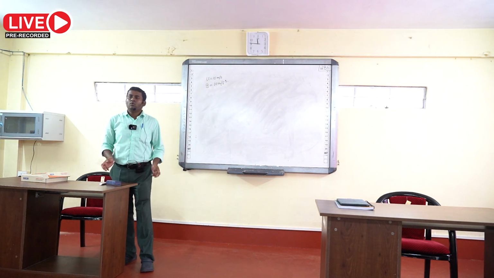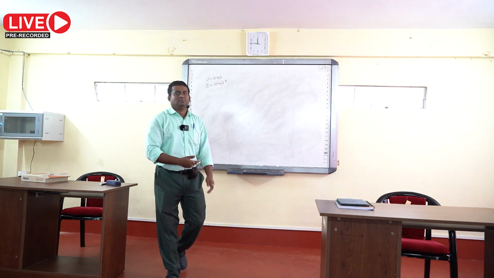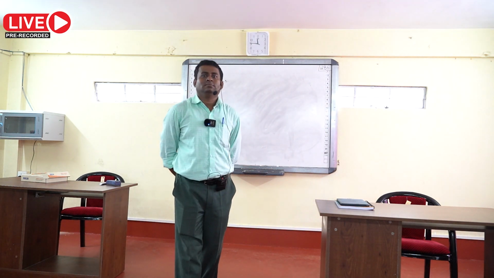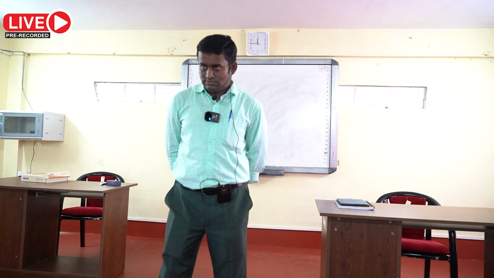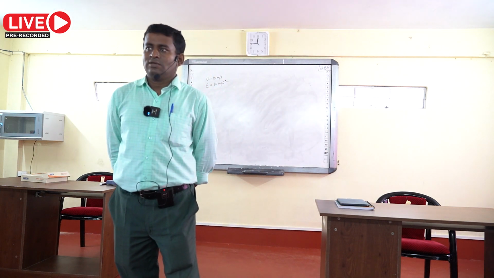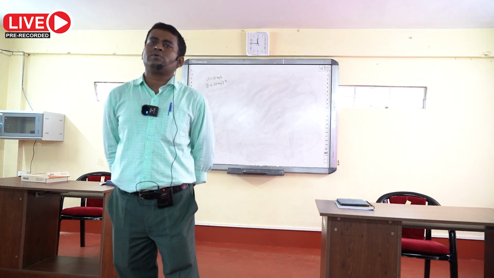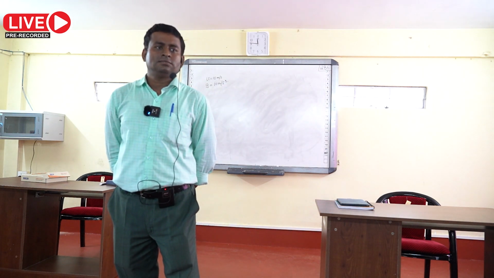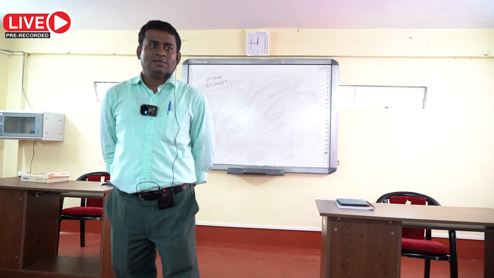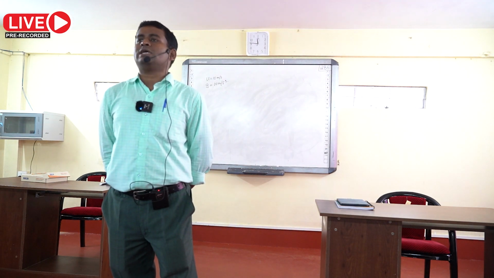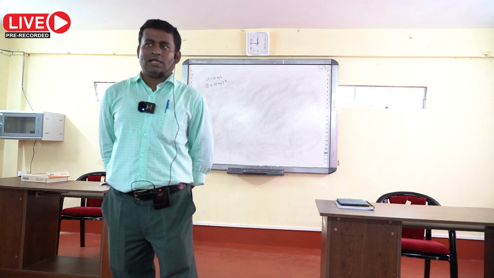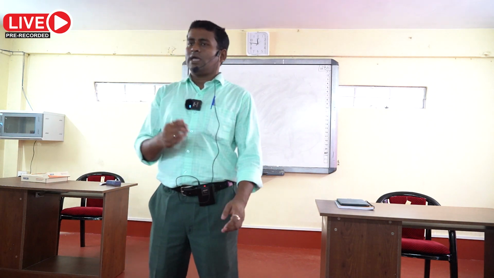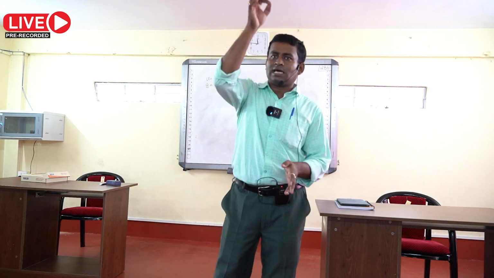Now, which equation to use? Can I use the first equation, v equal to u plus at? For that equation to calculate time, I require the knowledge of final velocity. Okay, I will not consider the entire motion.